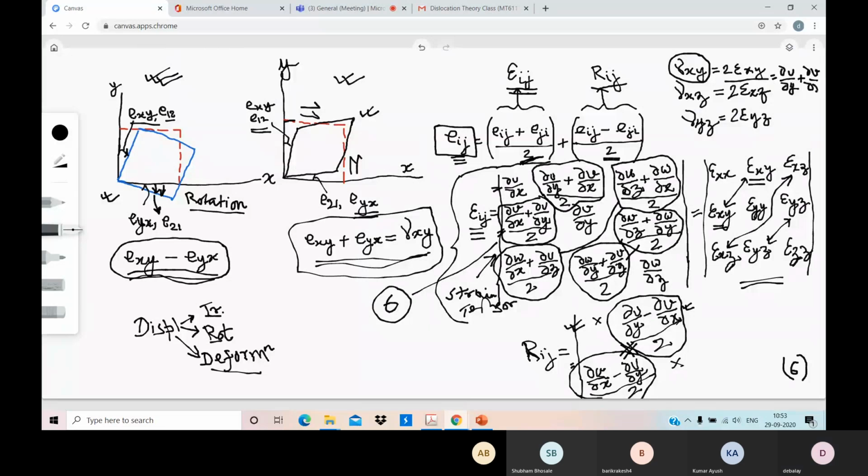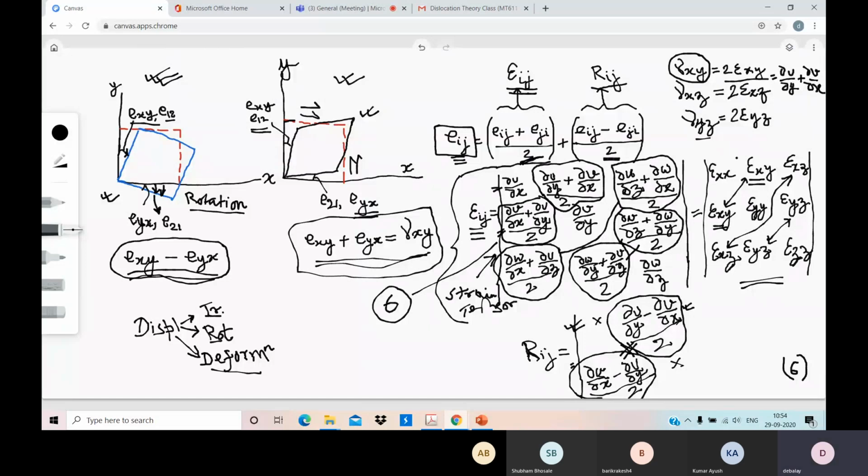Similarly, gamma xz is del u del z plus del w del x. Gamma yz is del v del z plus del w del y. So this is how shear strains are represented.